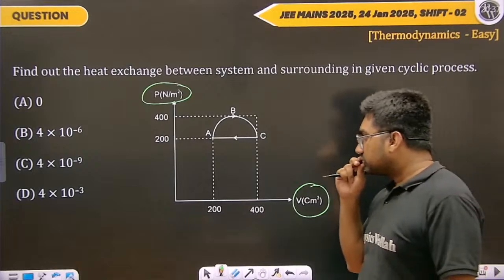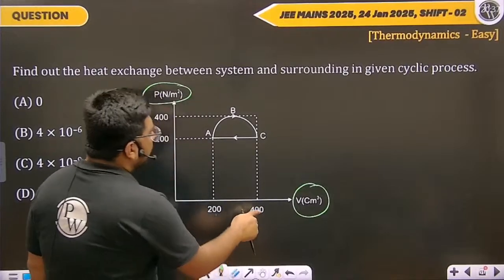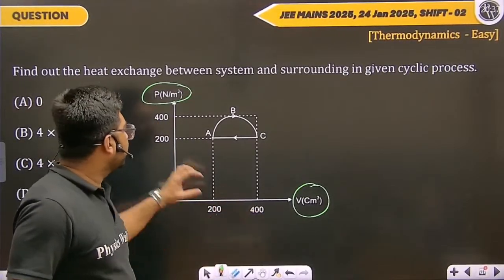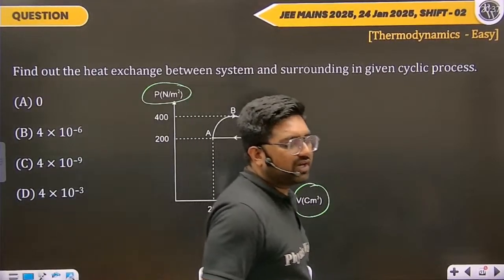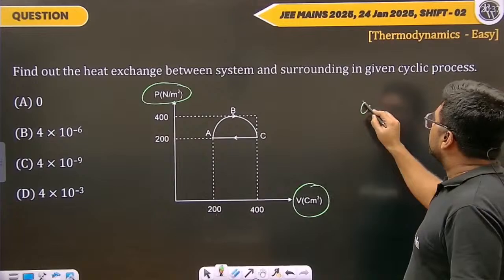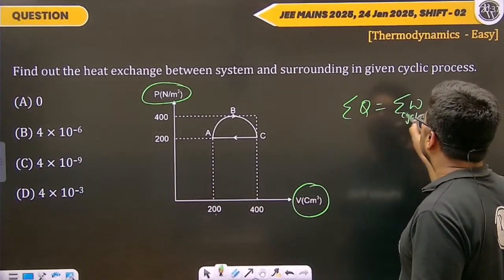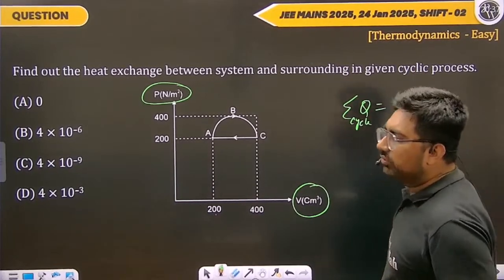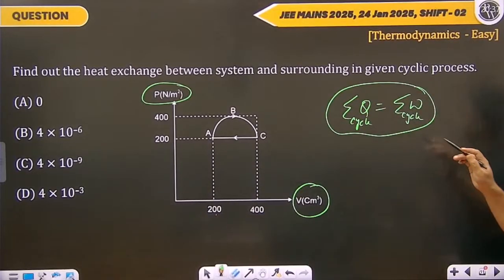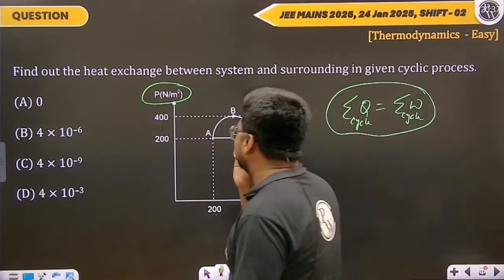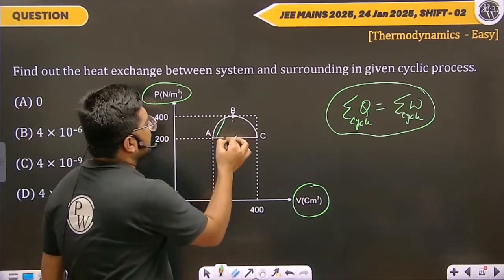When we see this graph, this is 200 and this is 400, then this is 200 and this is also 200. So we can say that this is a circle, and for a cyclic process Q for a cycle equals sigma W for a cycle. This is the first law of thermodynamics also for a cyclic process. So we want to calculate the net heat transfer, and for that we have to take the area of this graph.